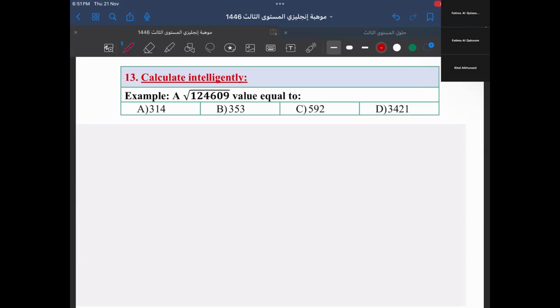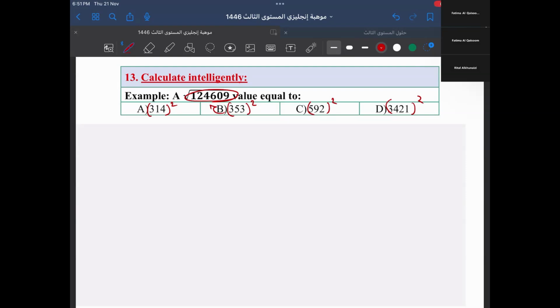Here I have the square root of the number, which means that if I take the number here and I square it, I'm going to get this number, right? The number that's under the root. Yes?